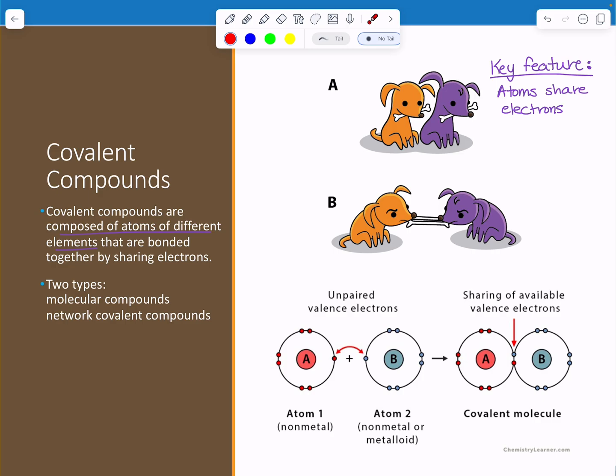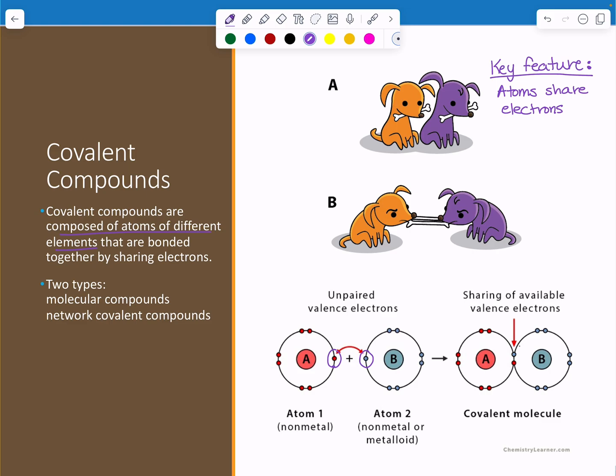So what happens is we have valence electrons in our atom that are unpaired, right? So in atom A here, we have one non-metal atom that has one electron and that is unpaired in its valence shell. And atom B, which can be another non-metal or metalloid, also has one unpaired electron.